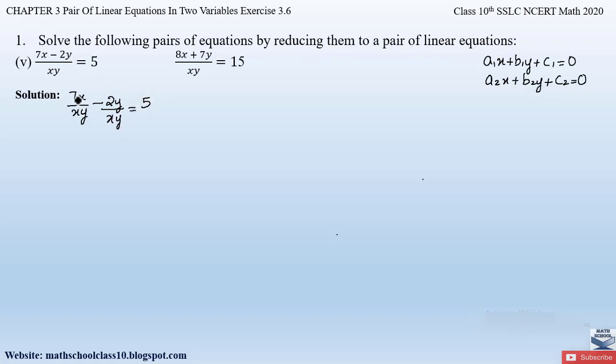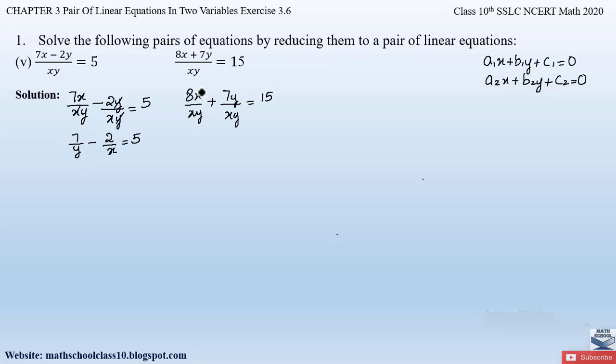So here if you observe 7x by xy, here x and x will get cancelled. Similarly, in the second term, y and y will get cancelled and we will be left with 7 by y minus 2 by x equal to 5. Similarly, from the second equation, again separating the denominator, we get 8x divided by xy plus 7y divided by xy equal to 15.